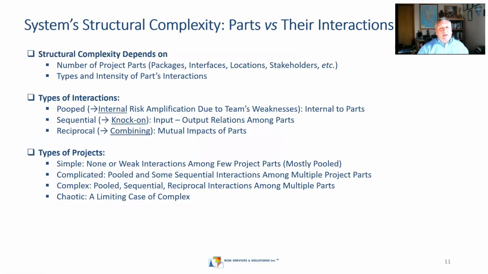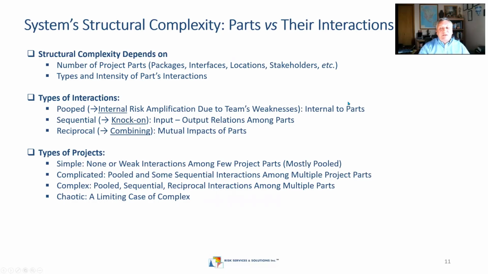And next is the most difficult part of my presentation. Now we need to consider complexity of this project. So we need to consider how risk interactions will change that contingency and how team's weaknesses will do the same. So let's review theory a little bit. Structural complexity usually is about the number of project parts, packages, interfaces, locations, stakeholders, and so on, and the type and intensity of parts interactions. Literature tells us about pooled interactions, sequential interactions, and reciprocal interactions.